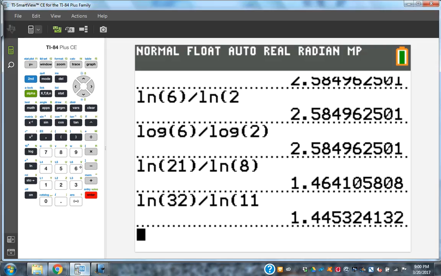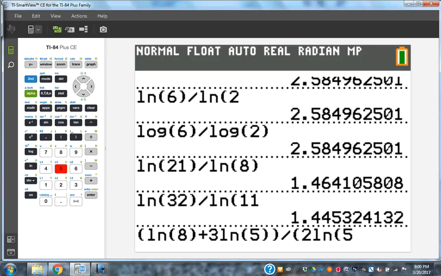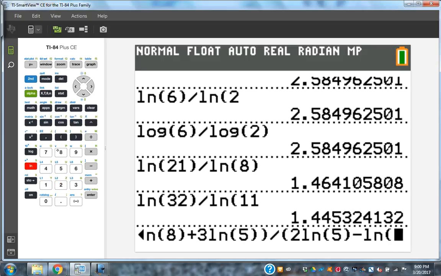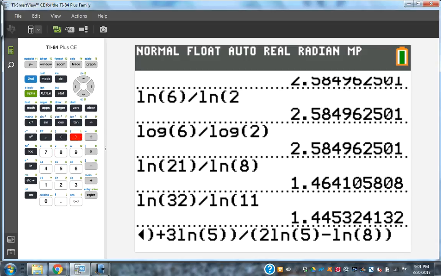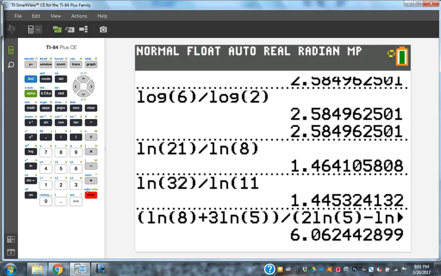So, parentheses, natural log of 8 plus 3 natural log of 5, close the parentheses, divided by parentheses 2 natural log of 5 minus natural log of 8, close parentheses twice. So that's what I had written there, and I'm going to divide that and get the decimal approximation to 3 decimal places. Should be 6 point something.